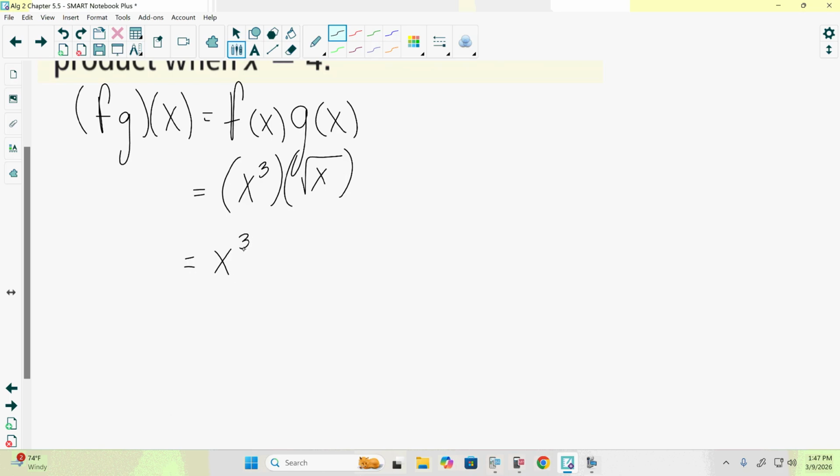Since one of them is in radical form and the other is in exponential form, we'll just multiply them together, put them next to each other, and get that f times g of x is x cubed times the square root of x.